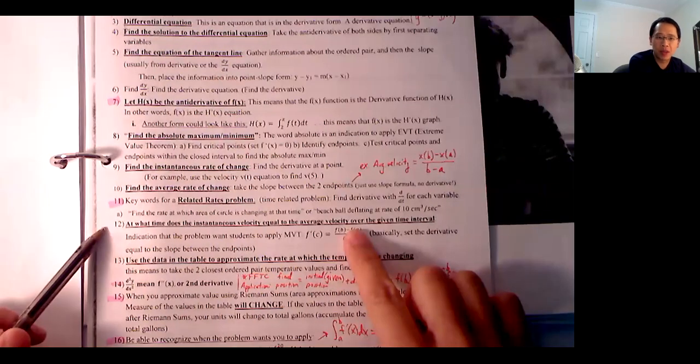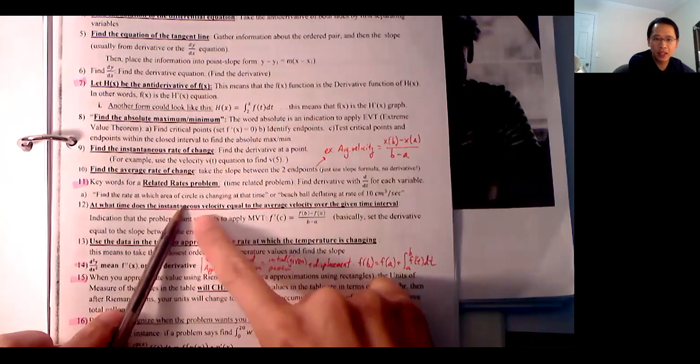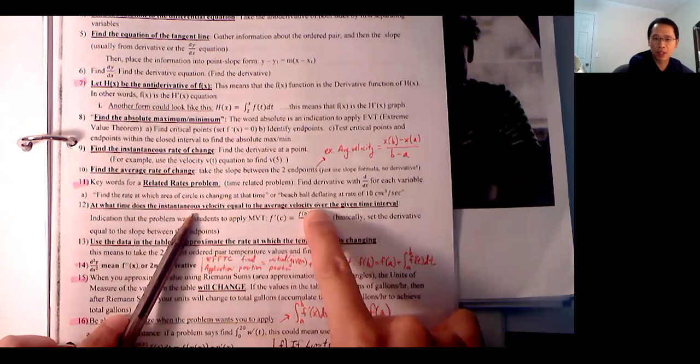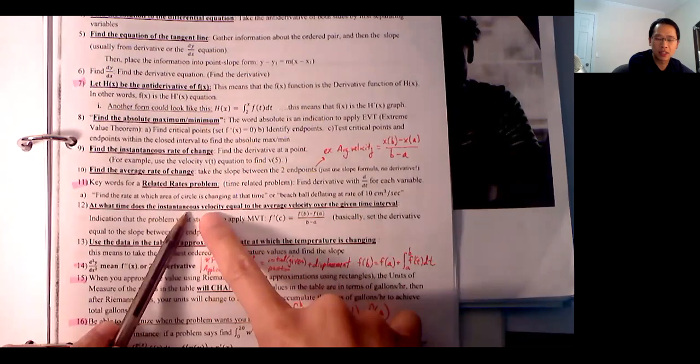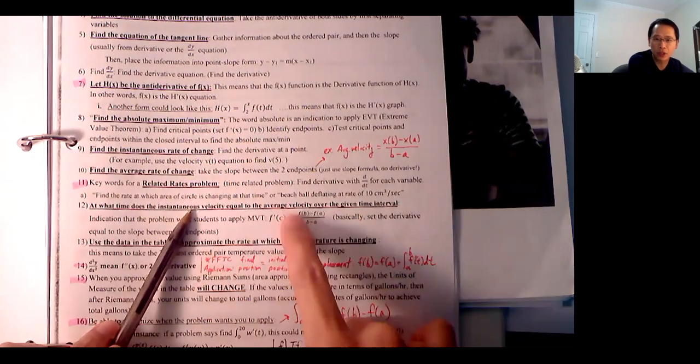All right, this statement here for number 12: at what time does the instantaneous velocity equal the average velocity over the given time interval? Or sometimes a problem could say, at what time does the instantaneous rate of change equal the average rate of change?